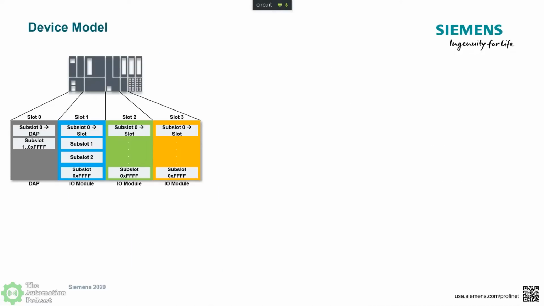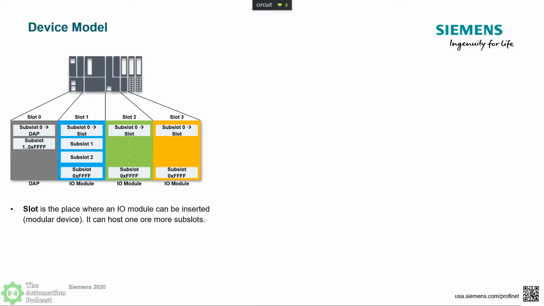The next term is device model. You can see here an I/O device physically, a decentral I/O block, where the device model of PROFINET defines the terms slot and subslot. A slot is a place where an I/O module can be inserted in case of a modular device, and it can host one or more subslots.